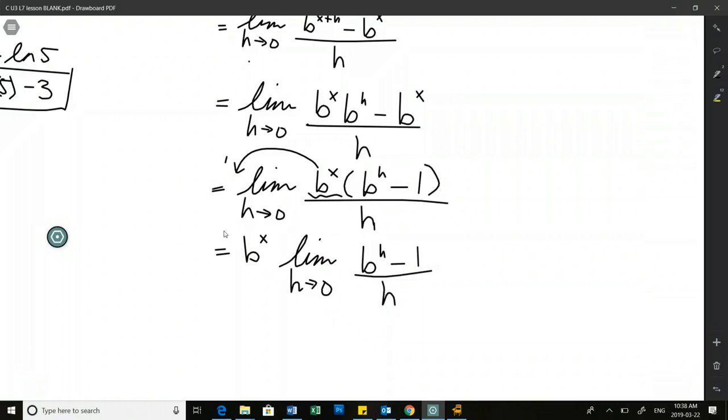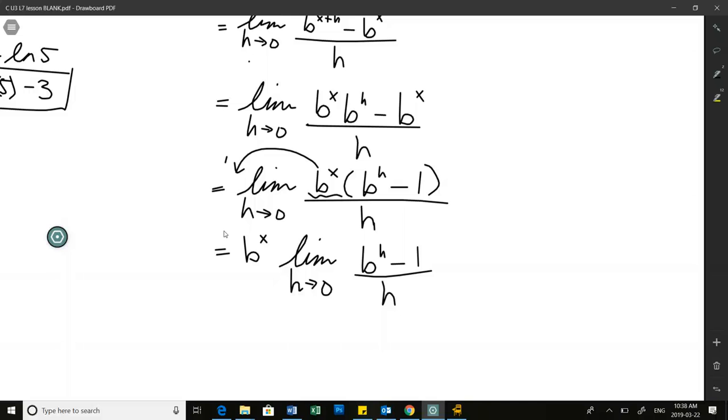And this is what I'm interested in now: the limit as h approaches 0 of this guy over on the right here, b to the exponent h minus 1 all over h. Okay? Because b is changing, this can be a difficult thing to pinpoint, because b could be anything. It could be 2, 3, 4, 5, and so on.